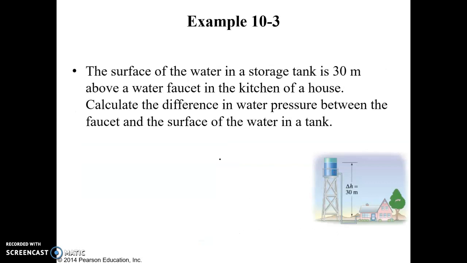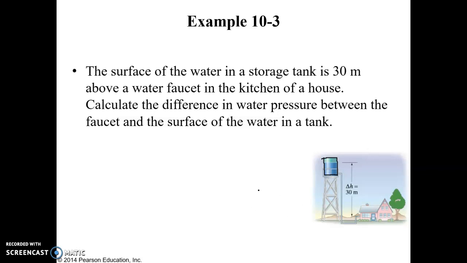Let's take a look at an example problem where we have water in a water tower. This is commonly used to create pressure in water pipes by raising the reservoir of water up above the spigot and allowing gravity to pressurize the system.